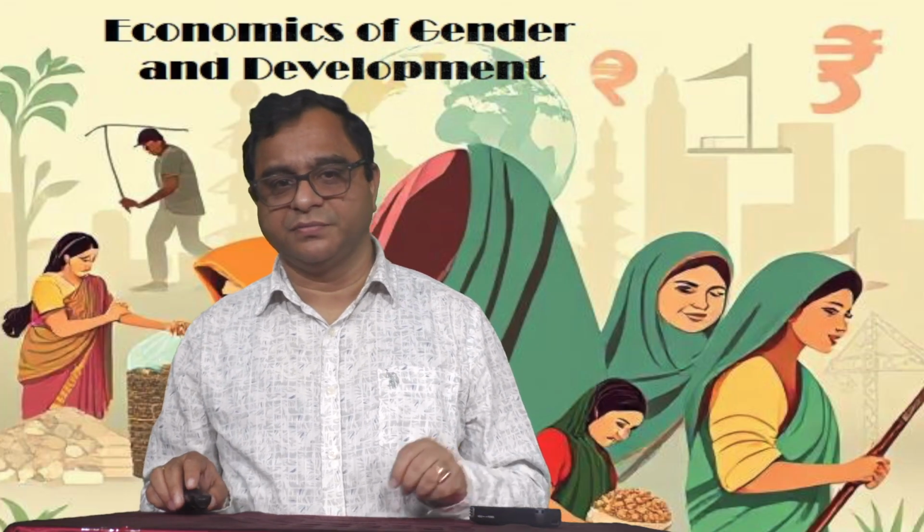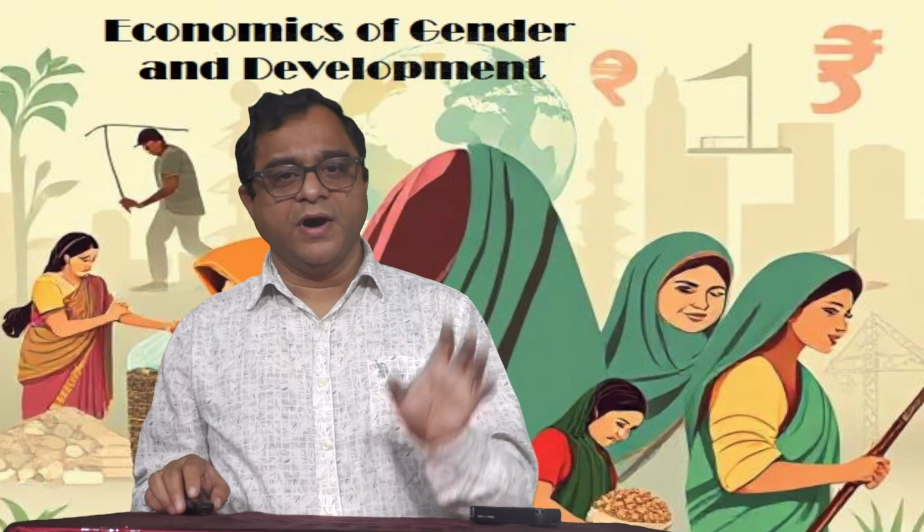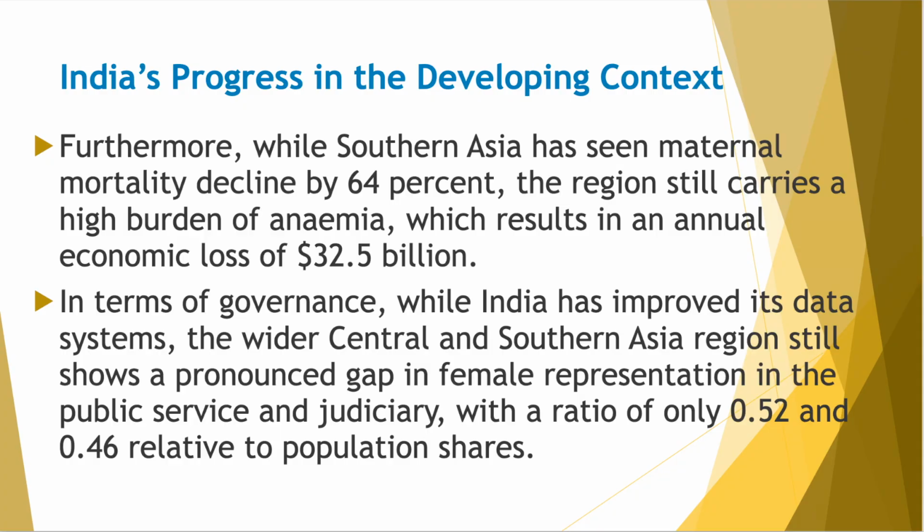of 2011. Furthermore, while Southern Asia has seen maternal mortality decline by 64%, the region still carries a high burden of anemia, which results in an annual economic loss of $32.5 billion.